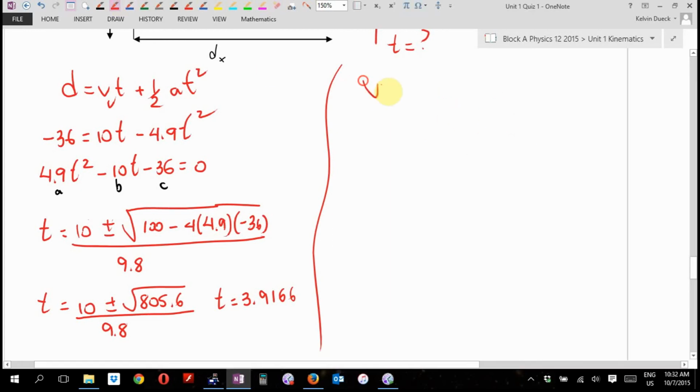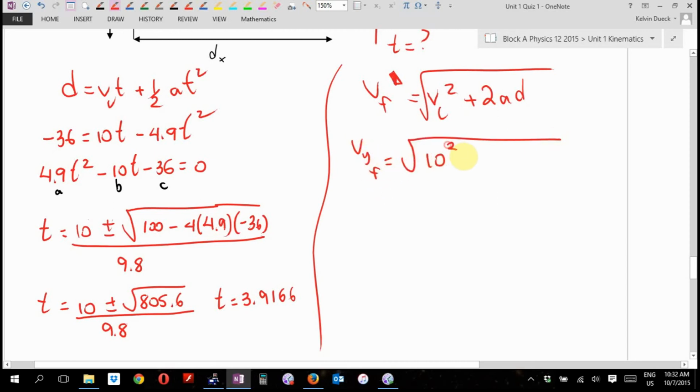I'm going to go Vf squared equals Vi squared plus 2AD. But actually, I'm going to put the square root there and get rid of the squared. Vy final is going to be the square root of 10 squared plus 2 times negative 9.8 times negative 36. By the way, Isaac, do you notice 10 squared?